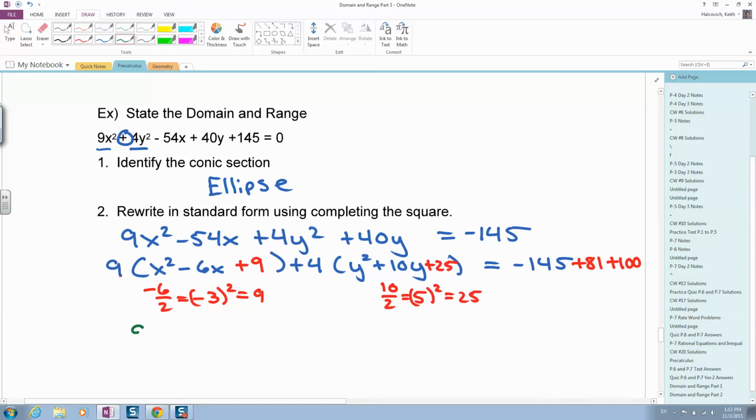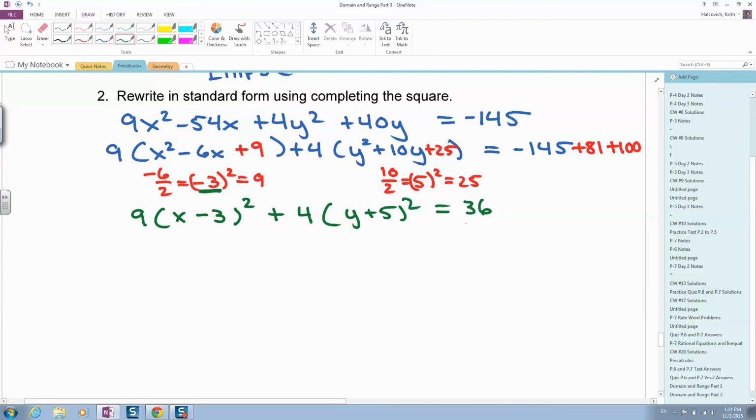So now, 9 times, and remember, I'm going to make this a perfect square binomial. And remember, the number that goes here is what I squared to get 9, so (x - 3) squared, plus 4 times, in this case, (y + 5) squared, equals, when I add this up, it gives me 36.